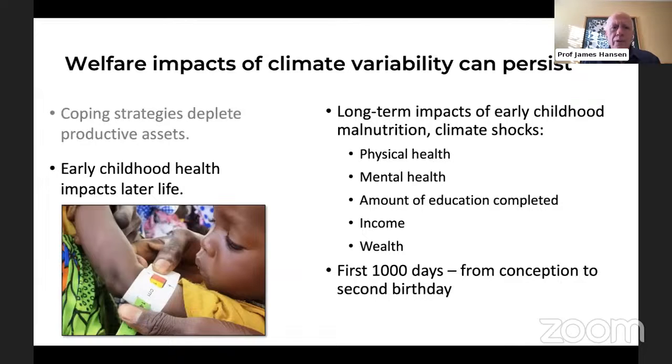During this period, if there's serious undernutrition, not enough food, not enough nutrition, it can lead to health impacts that persist throughout life, can affect the individual's physical health, mental health, and because of that impact, studies have traced impacts of climate shocks and undernutrition during the first 1,000 days to reduce the amount of education completed, reduce income, reduce wealth throughout adulthood.